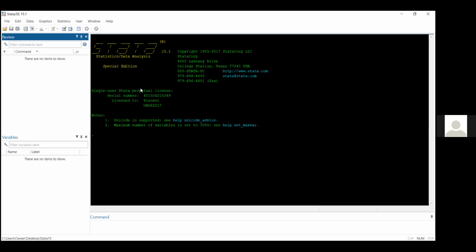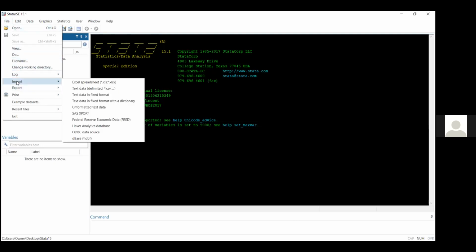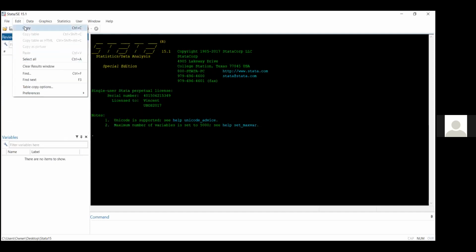Importantly, it has a menu like most of these software do. File is like what you do in Microsoft Word, but of course with different settings that will come with it here. Edit is the same function as on every computer program that you use.